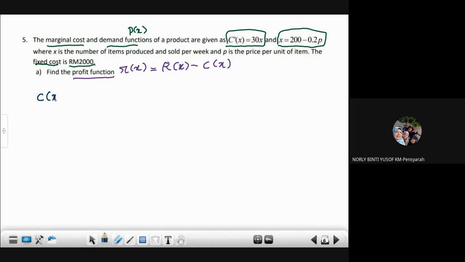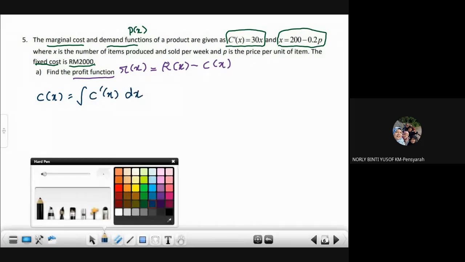So cost function cari daripada you integrate. Okay, cost function. Kalau you nak masuk sekali dalam this equation for revenue minus cost pun boleh, nak pisah-pisah pun boleh. For me, for the beginner, kita pisah lah kan. So, nak cari cost function, you integrate C prime X dx.